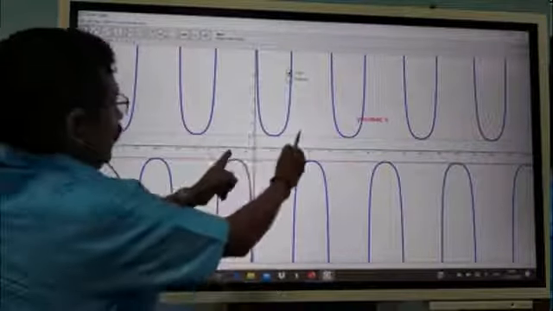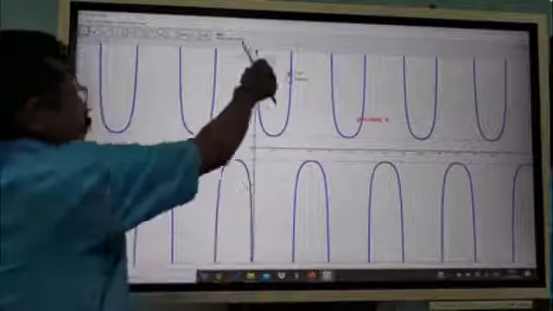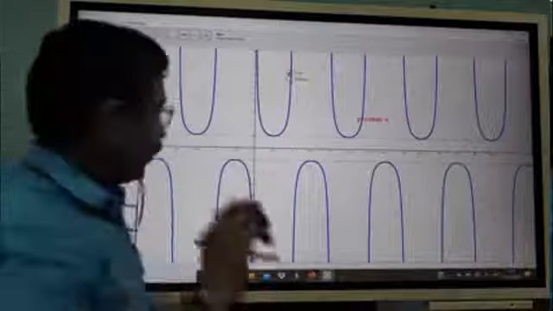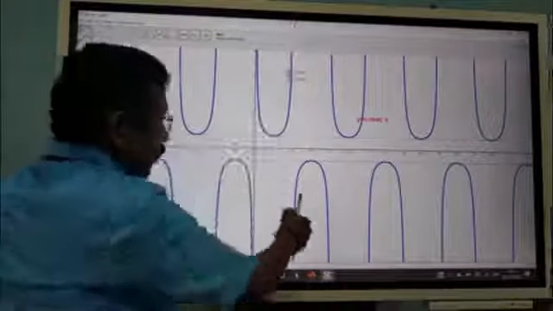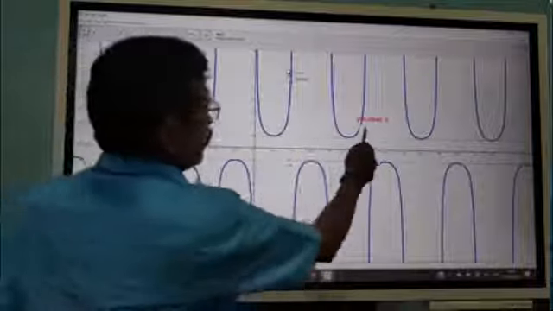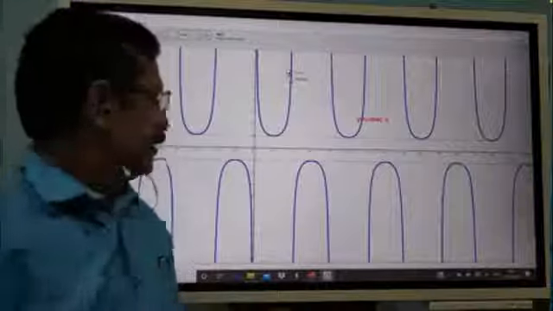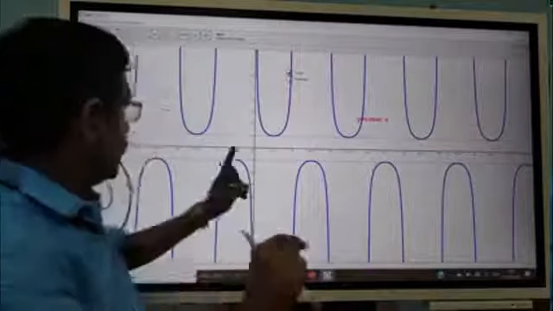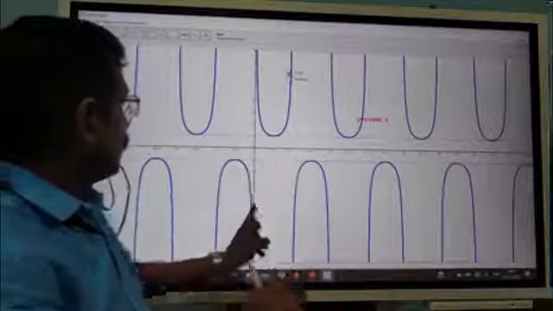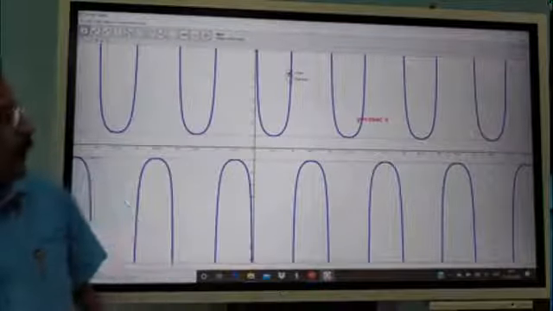Otherwise, we can take pi by 2 to 3 pi by 2, excluding pi. Otherwise, 3 pi by 2 to 5 pi by 2, excluding 2 pi. But we are taking the branch minus pi by 2 to plus pi by 2, excluding 0. That is the restricted domain.